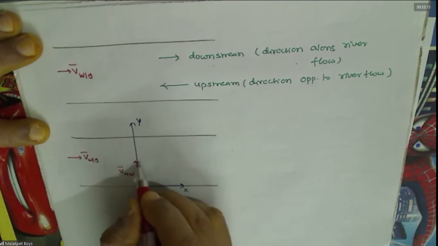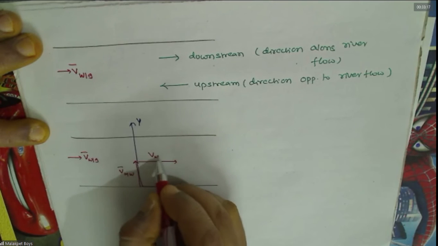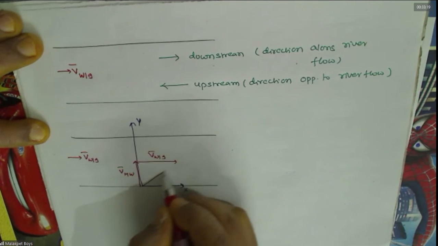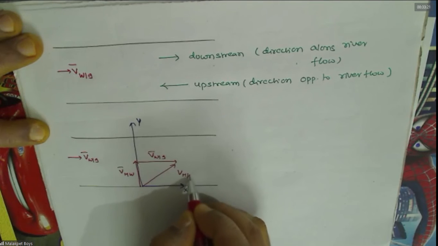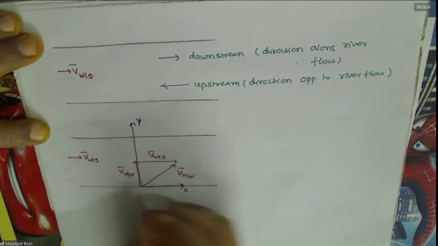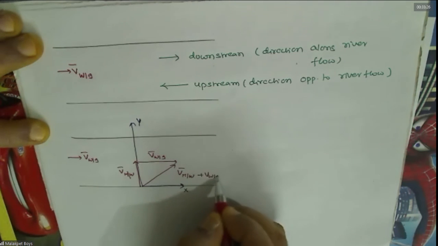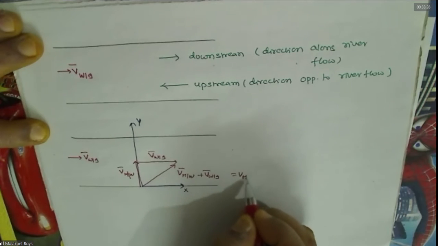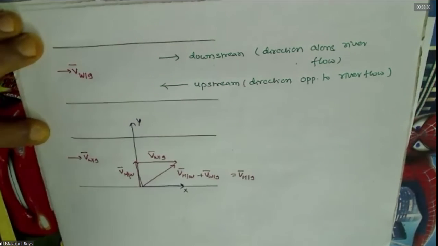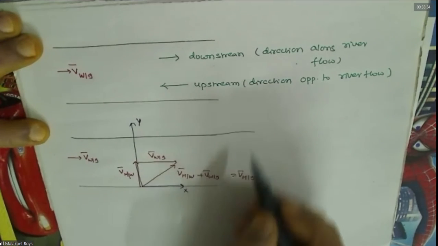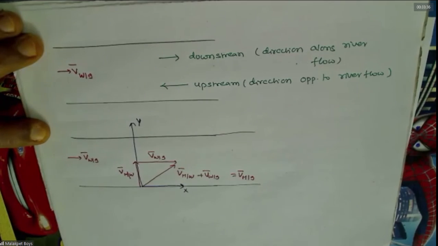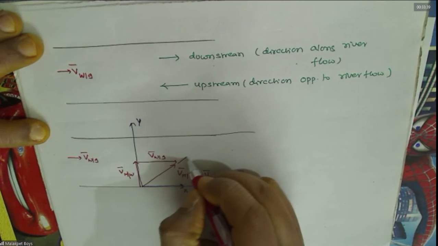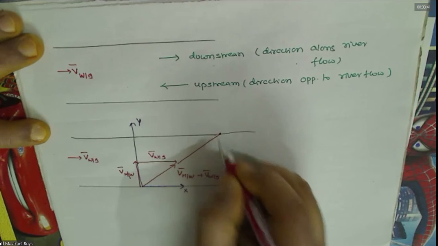The river will push him, no? And this will be the resultant velocity. This is velocity of man with respect to ground. Do you agree? So here the man reaches this point.